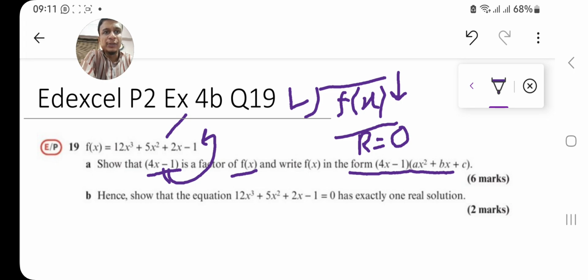When the remainder becomes 0, we will have a quadratic with coefficients a, b, c, so we will write it in that form.